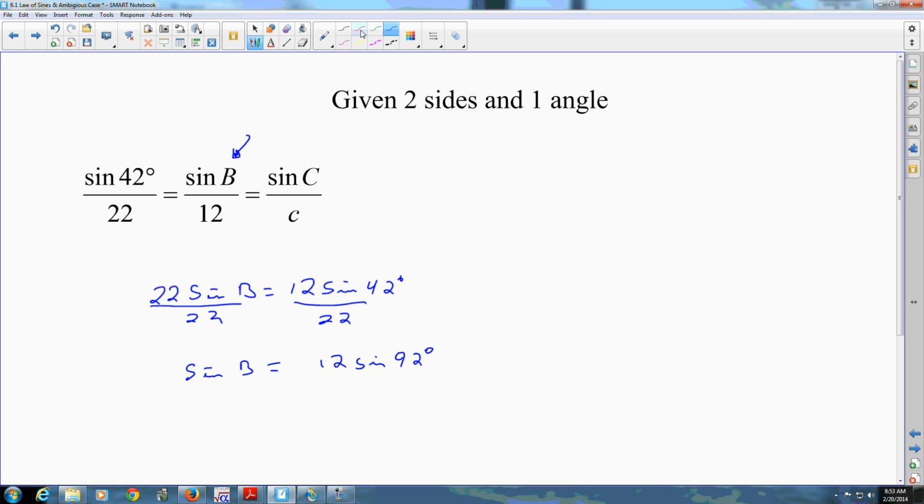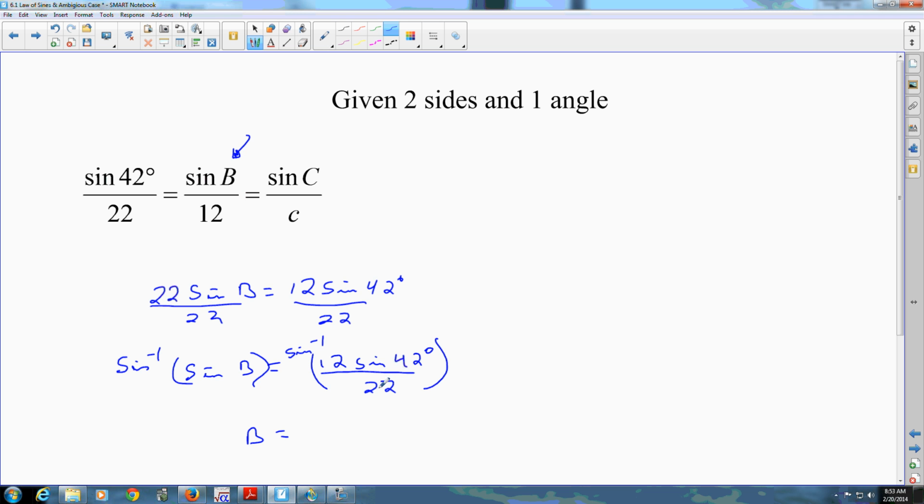over 22. Now I want to solve for angle B. I have to get rid of the sine. So you have to take the inverse sine of both sides. Inverse sine. And type all this in at once.